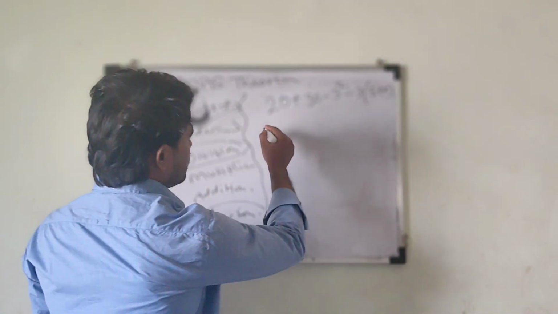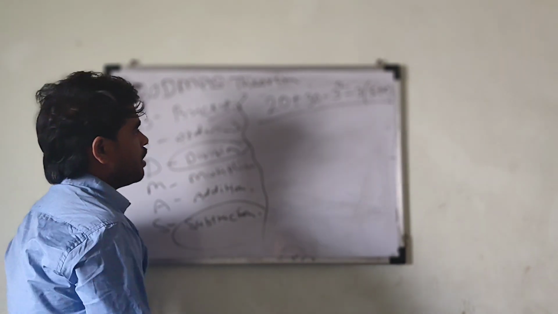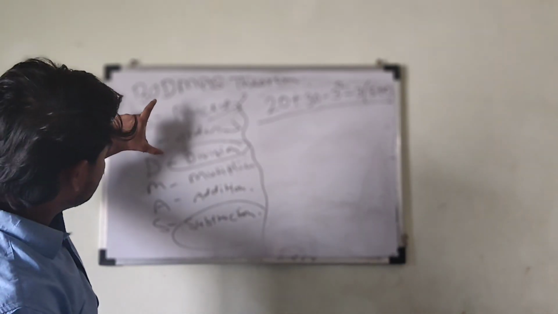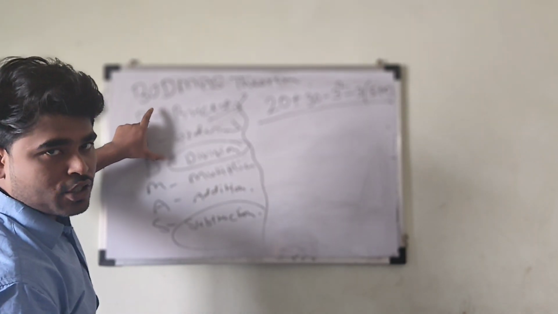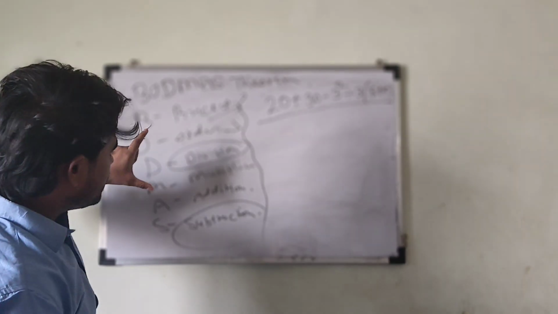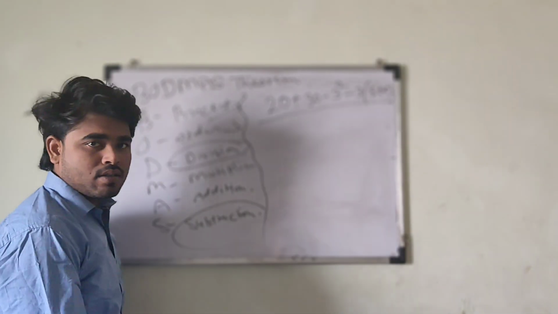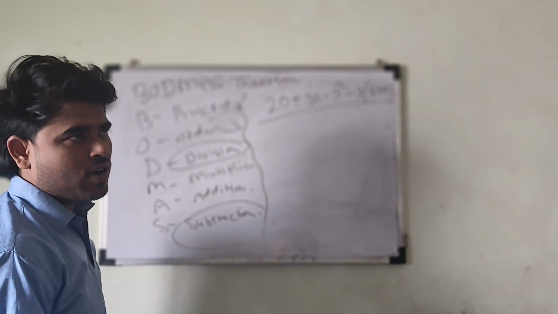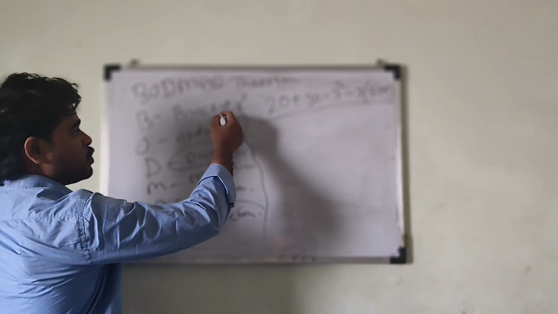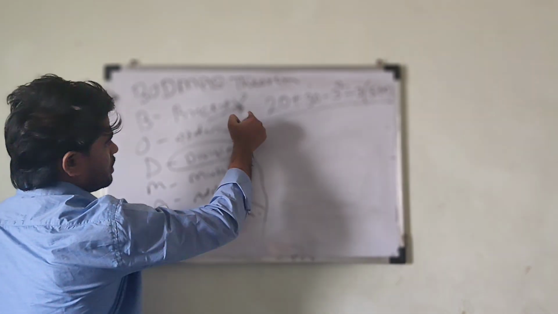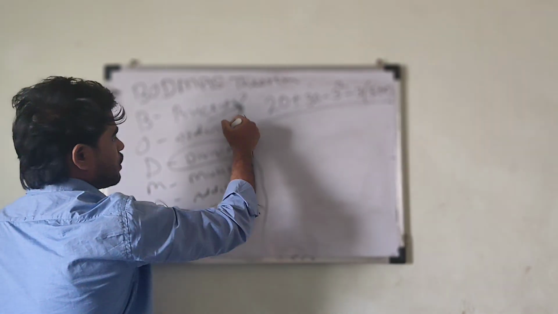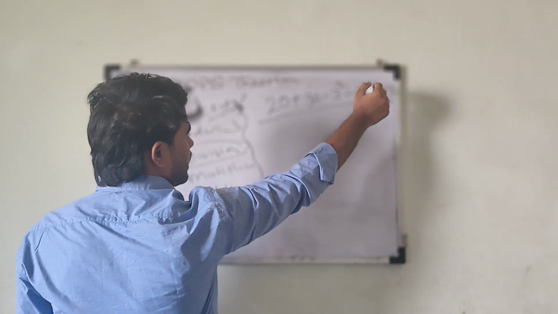When we want to solve it, first we have to apply the BODMAS rules. When you apply these rules, the answer is 100% right, never wrong. So, bracket: this question contains a bracket, so first we solve the bracket portion.